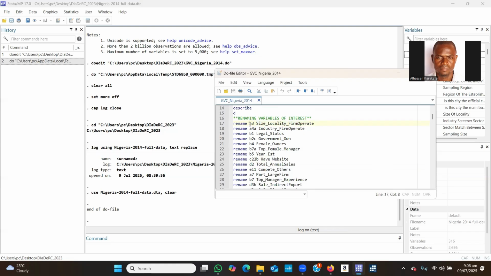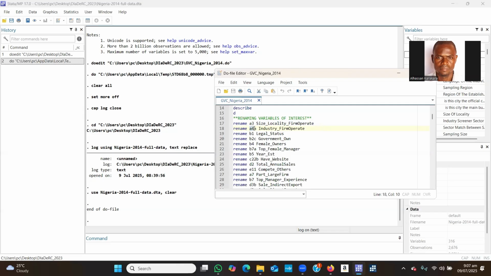So for this variable A3, in the original set, I want to name it size_locality_firm_operate, and that is the size of the population or the locality where the firm operates, whether it is a village or a town or a city. So anytime I'm doing my analysis, I know what size_locality_firm_operate is.